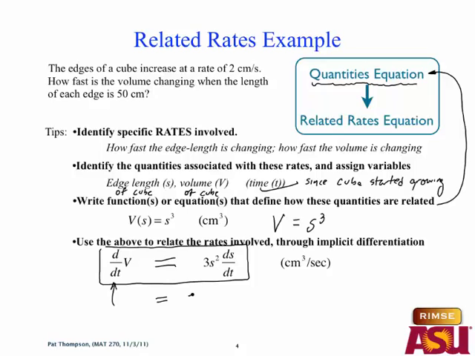Do we know what s is? It says how fast is the volume changing when the length of each edge is 50. So now we're at 50 squared. And then we need to know what ds/dt is. 2 centimeters per second. That's how fast the edge length is changing. And so that formula right there is giving us how fast the volume is changing.